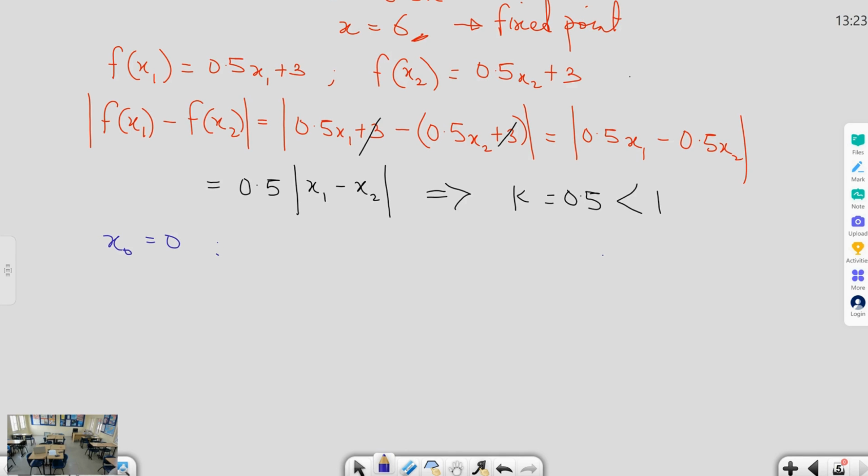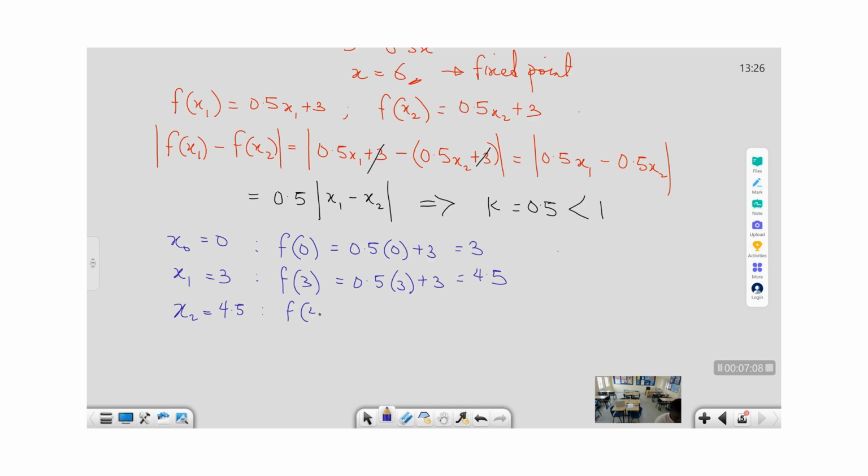We slot in x naught here, so f of 0 is equal to 0.5 times 0 plus 3. Yes, this will give us 3. Okay, so we take it a step further: 0.5 times 4.5 plus 3, and when you work this out, you have 0.5 times 4.5 plus 3.